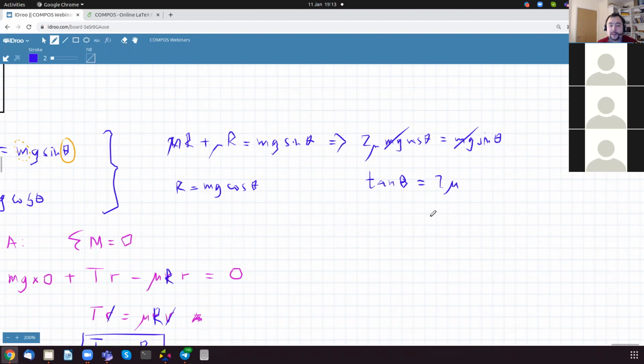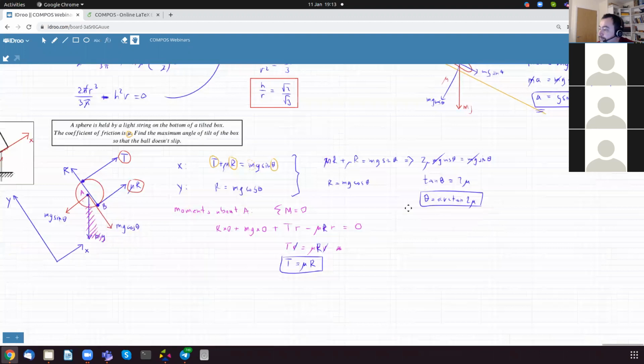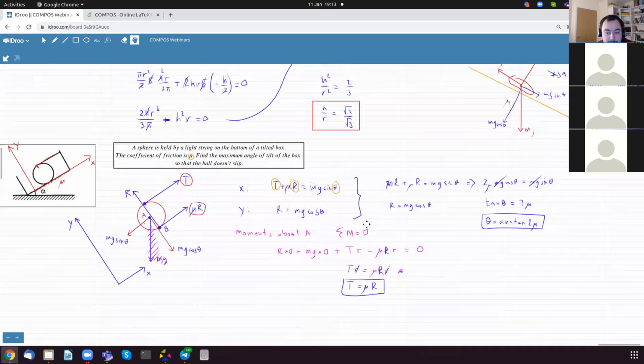Yep. And theta is equal to arctan 2 mu. This is the maximum angle at which you can tilt the box and it won't slip. Arctan 2 mu.